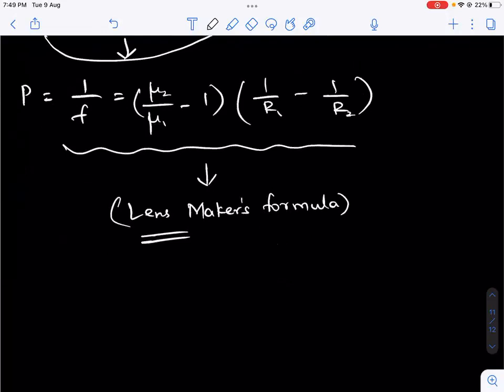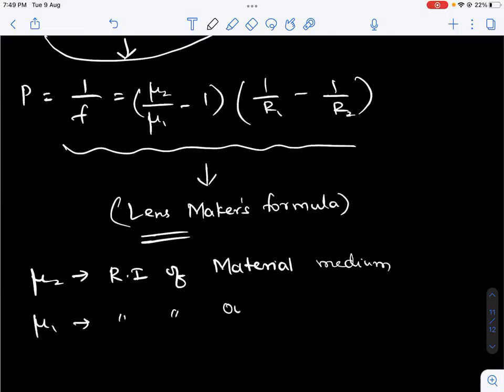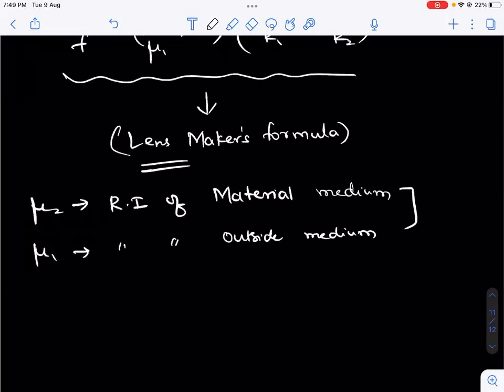So that's why it's called the lens maker's formula, where mu2 is the refractive index of the material medium, and mu1 is the refractive index of the outside medium. R1 is the radius of curvature of the first boundary, and R2 is the radius of curvature of the second boundary. Am I clear with this?